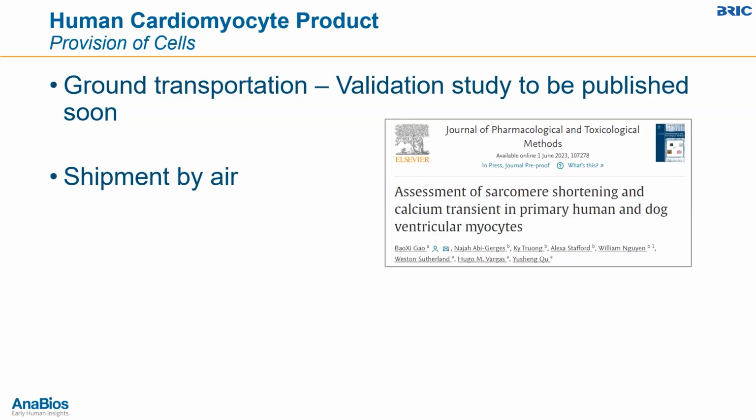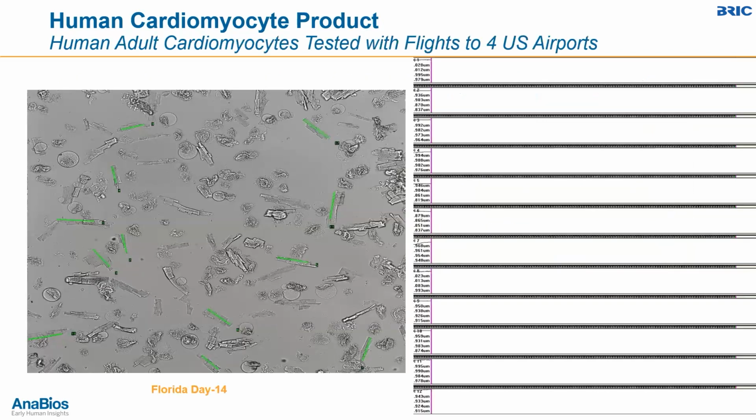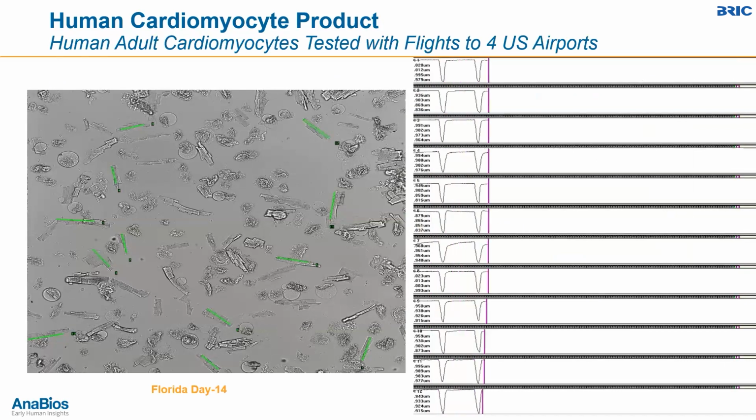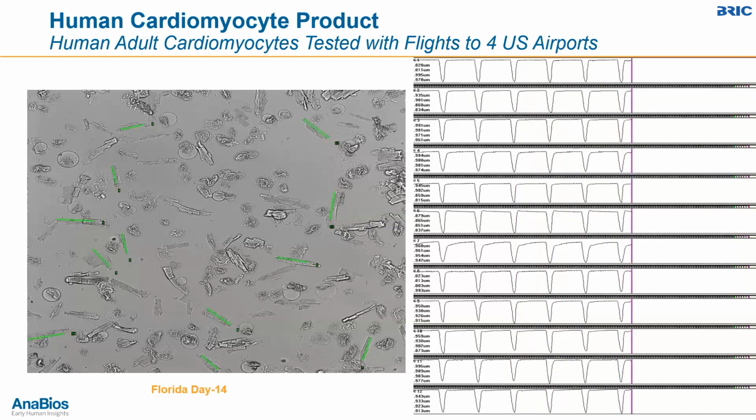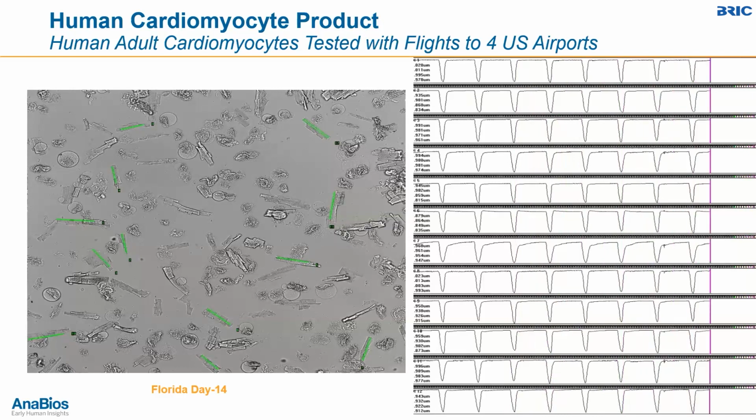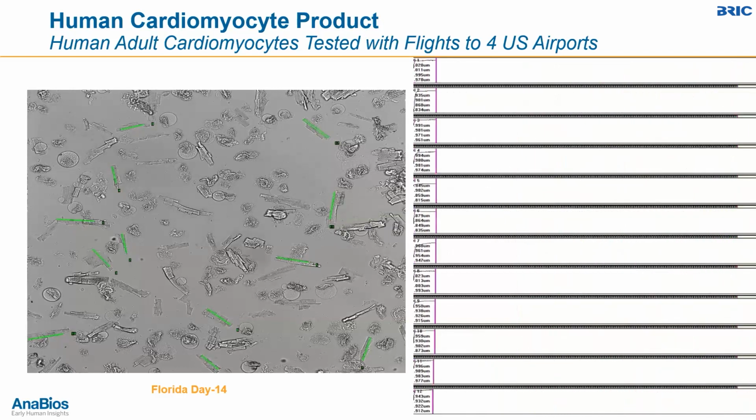And of course, after this validation, we wanted to be able to ship myocytes to other places in the United States, but also worldwide. So what we did first, we tested the shipment of myocytes from San Diego to different airports in the United States.